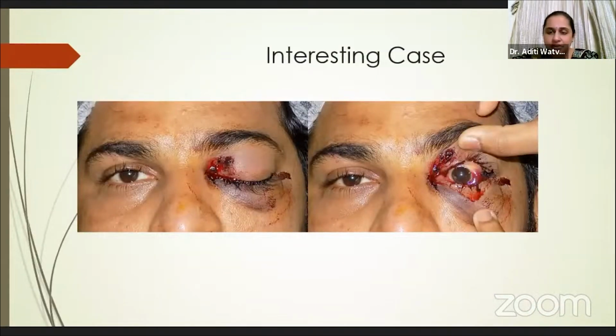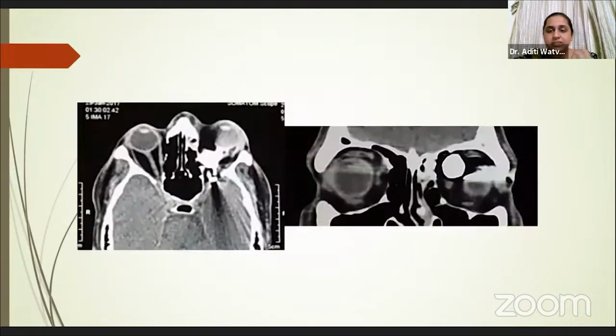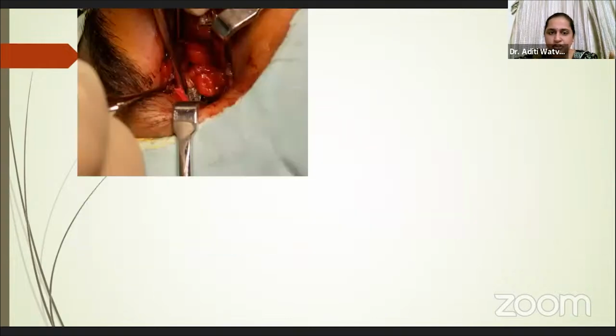I'll just finish with this interesting case, which was referred for lid tear suturing. The patient had some injury because of a firecracker, and to our surprise, there was a large foreign body seen along with a small medial wall fracture.